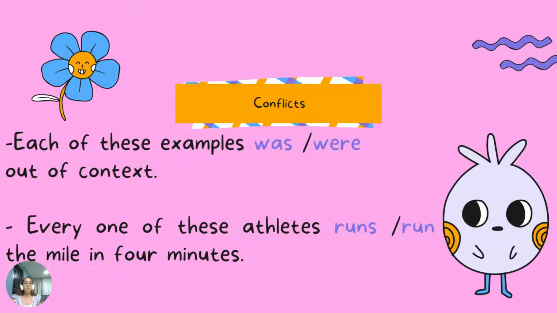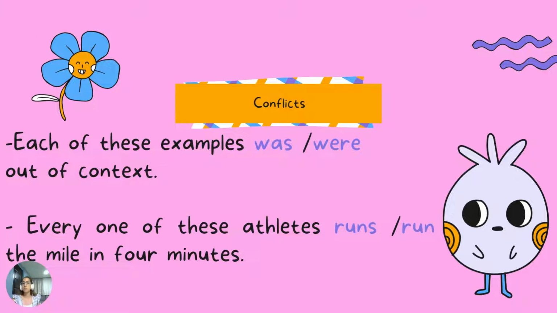Each of these examples was or were out of context, and every one of these athletes runs or run the mile in 4 minutes. Here the words each and every are considered as singular subjects. So we should select: each of these examples was out of context, and every one of these athletes runs the mile in 4 minutes.